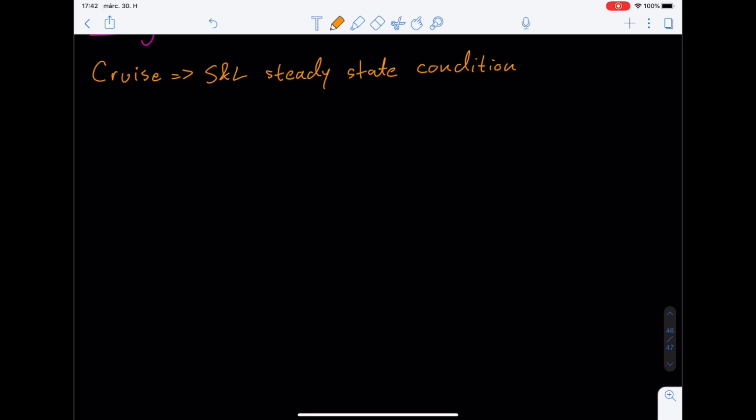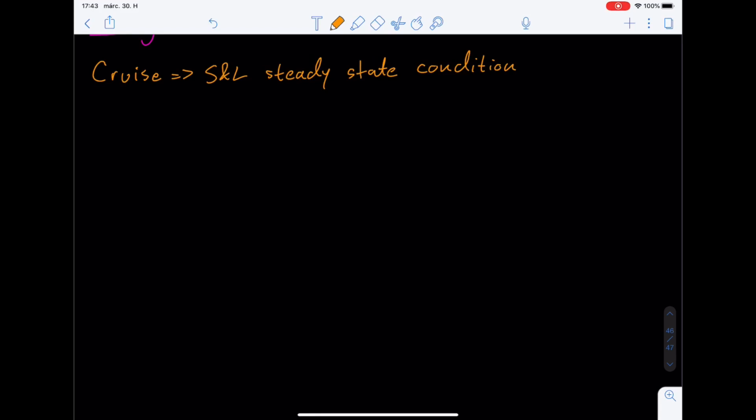Straight meaning laterally, the aircraft's direction is not changing, so the aircraft is basically flying straight ahead, and level, meaning that the bank is zero, the aircraft is unbanked, it's not turning, basically, and the change in altitude is zero as well, right? So this is what we would call a steady state, straight and level cruising flight condition.